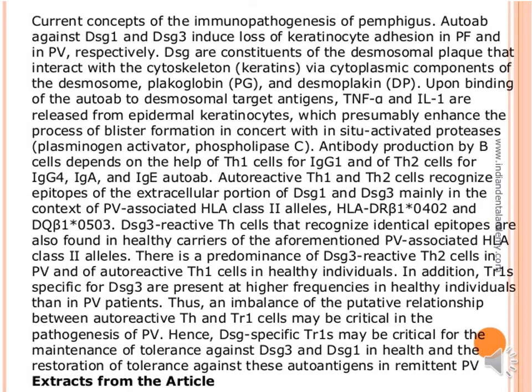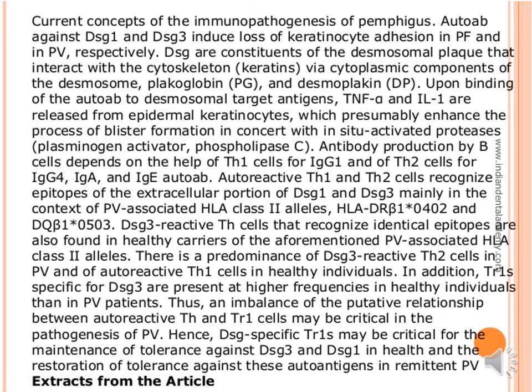Autoreactive Th1 and Th2 cells recognize epitopes of the extracellular portion of DSG1 and DSG3, mainly in the context of PV-associated HLA class 2 alleles: HLA DRB1*04:02 and DQB1*05:03.